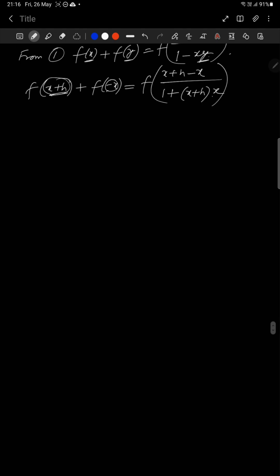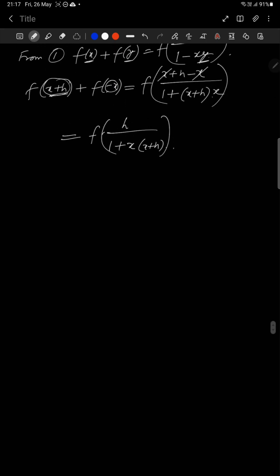I hope you all have understood till this point. So what we are getting over here is equal to f. These x are getting cancelled and we are left with h divided by 1 + x(x + h).